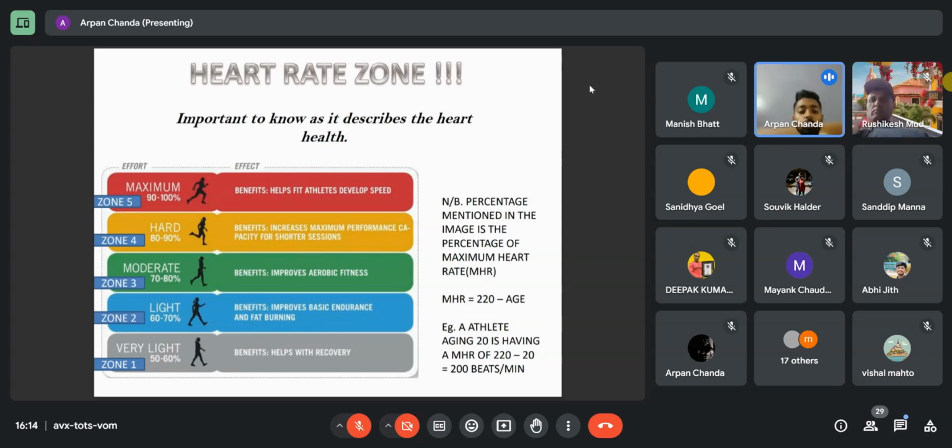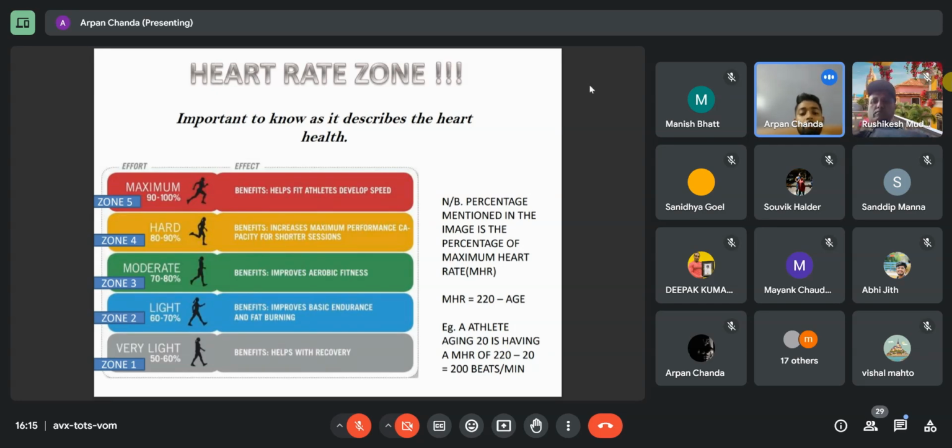Then we have zone 2, the light zone, which is 60 to 70%, that is 120 to 140, improves basic endurance and fat burning. So in this zone, the body works in fat burning.